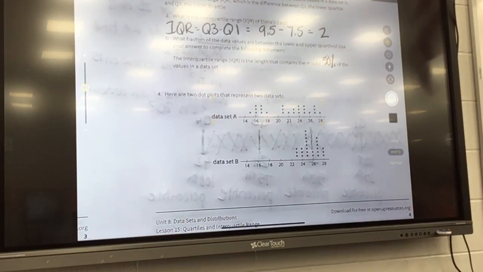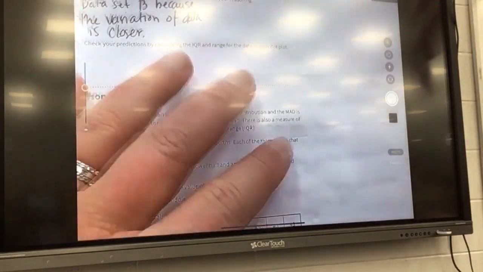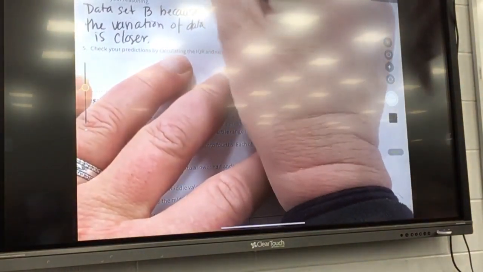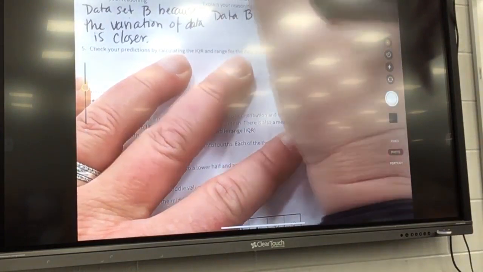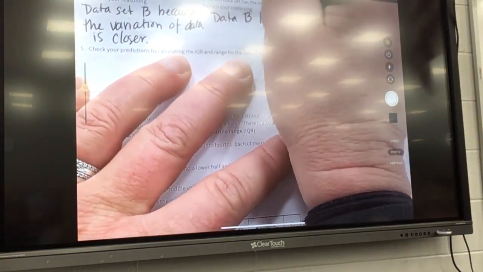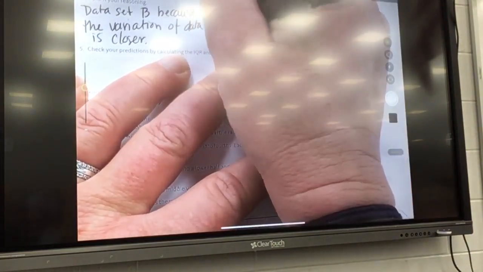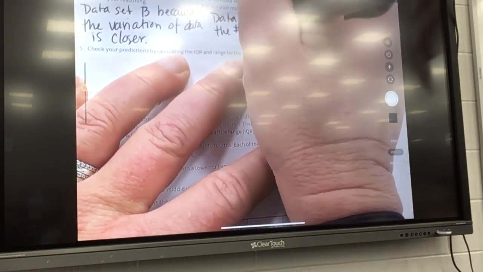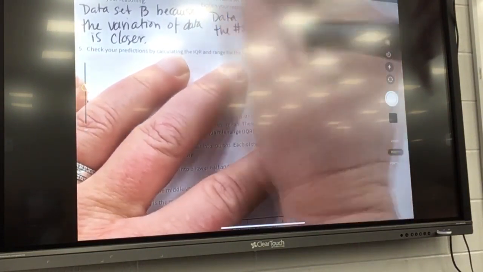So more than likely our range is also going to be smaller because the numbers are going to be closer. Okay? All right, have a seat. It's pretty much the exact same reasoning as before. So data set B, because the numbers are closer together.